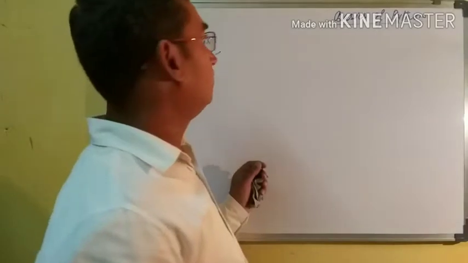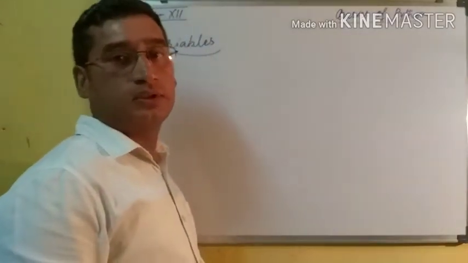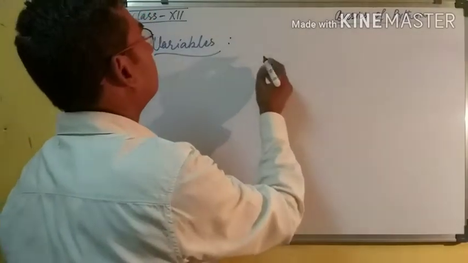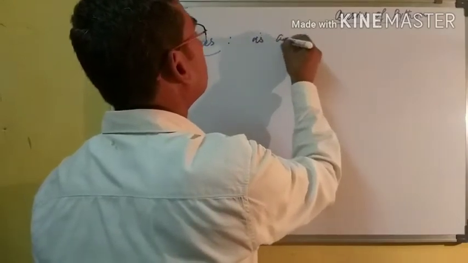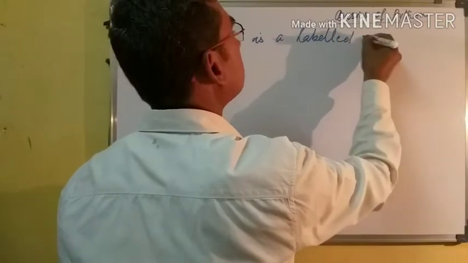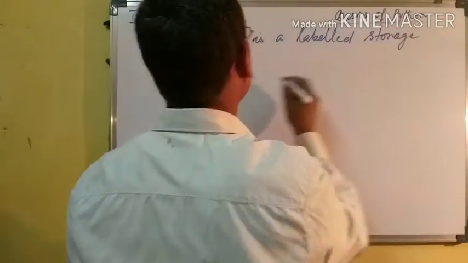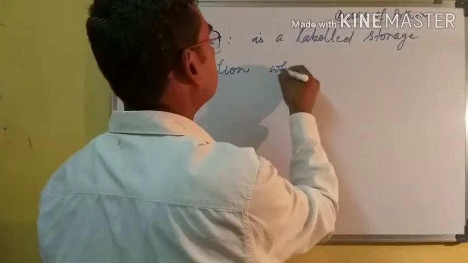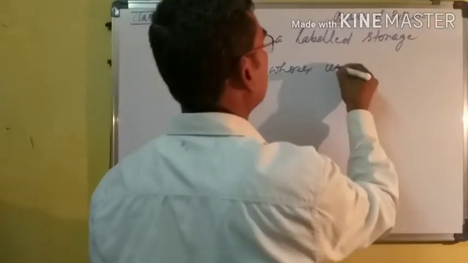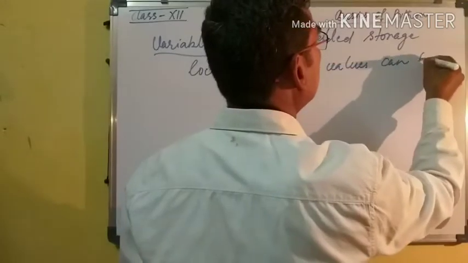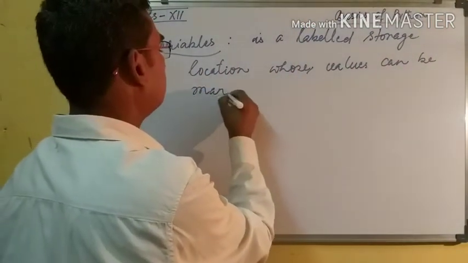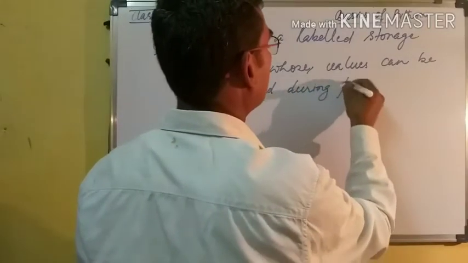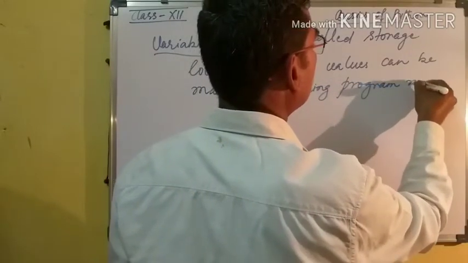A variable is basically in Python a labeled storage location whose values can be changed or manipulated during program run.